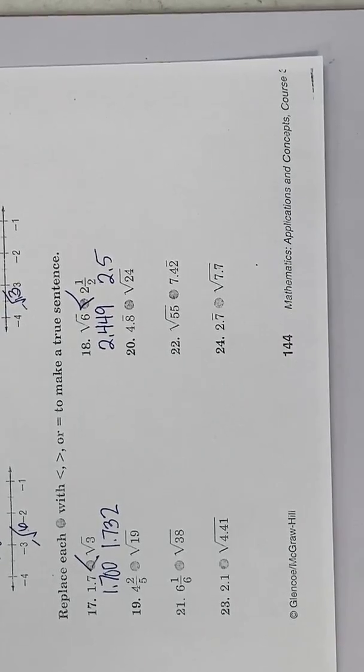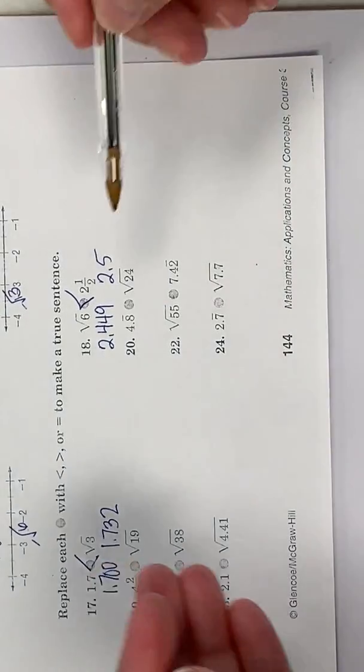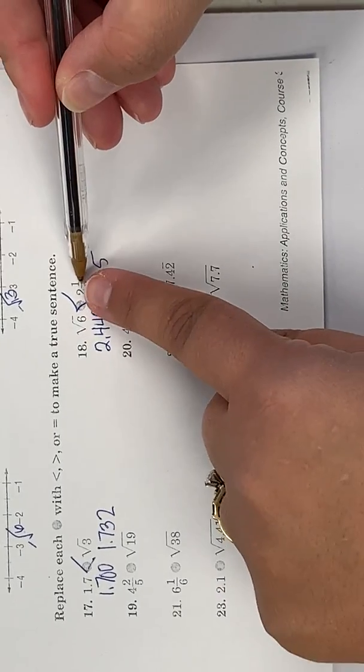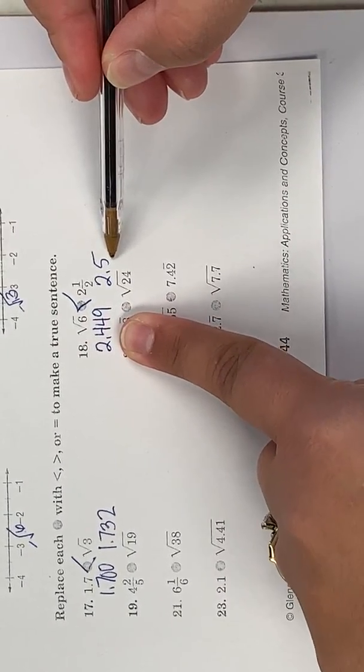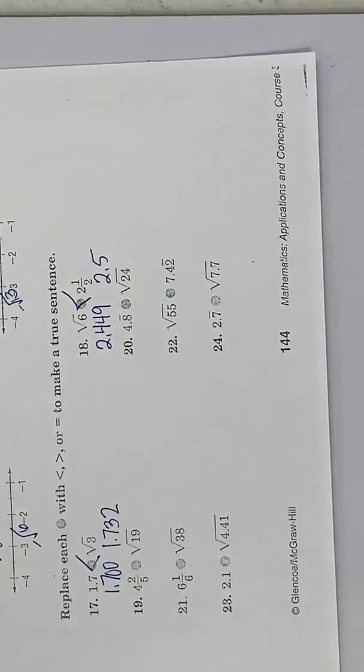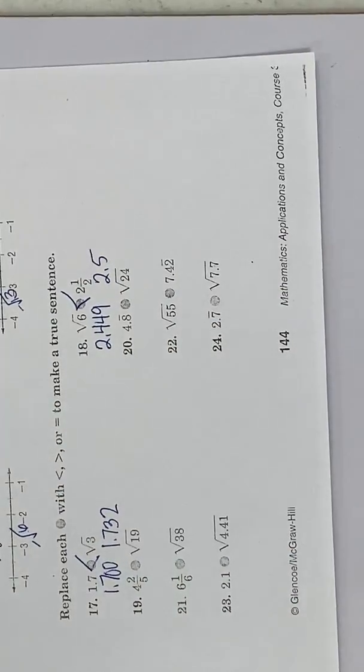Now be careful, because on a test, they want you to compare the ones that they give you, not the simplification. All right, so let's do these. 4 and 2/5, what is it? You take it on your calculator, 2 divided by 5.